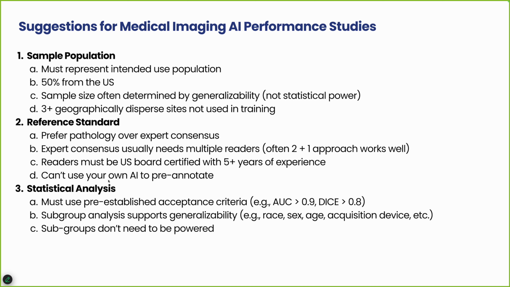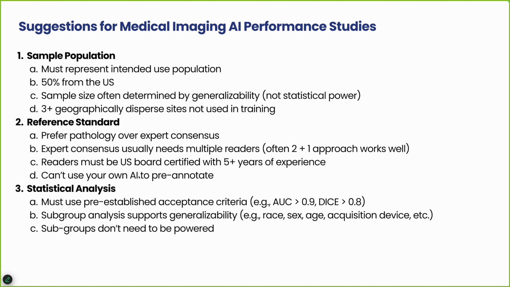I think most of this I've already talked about. A common thing people try to do is to use their AI to pre-annotate the data to reduce the time and cost of defining the reference standard, but the FDA will not typically allow that.